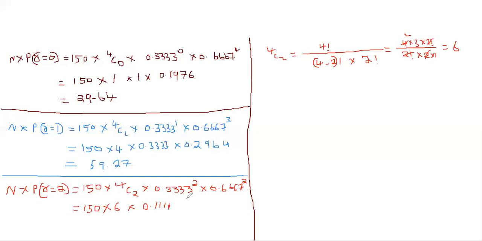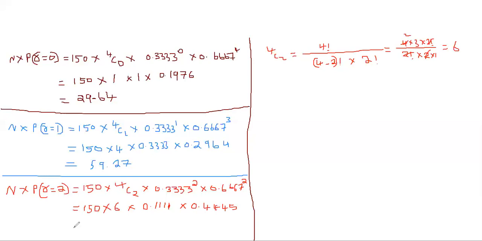And 1 minus 1 by 3, that is 0.6667 into 0.6667 is equal to 0.4445.